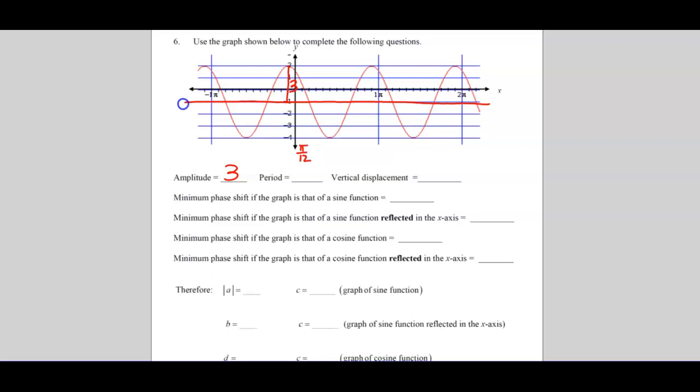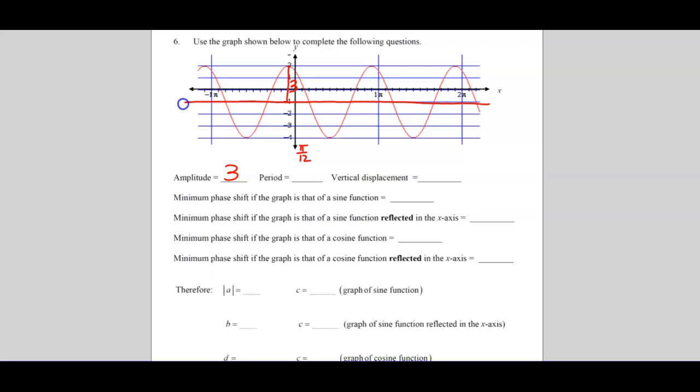Okay, so this looks like a maximum up here is 1 grid marking to the left of 0. And a maximum up here is 1 grid marking to the left of pi.